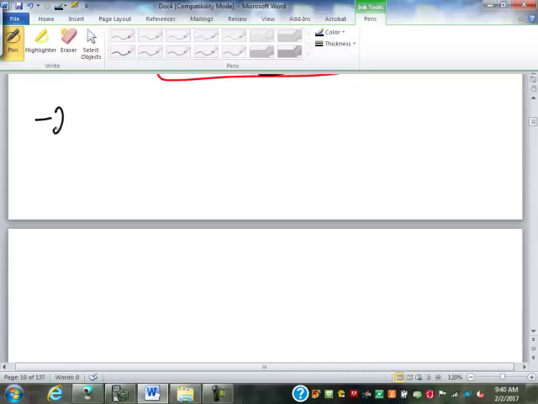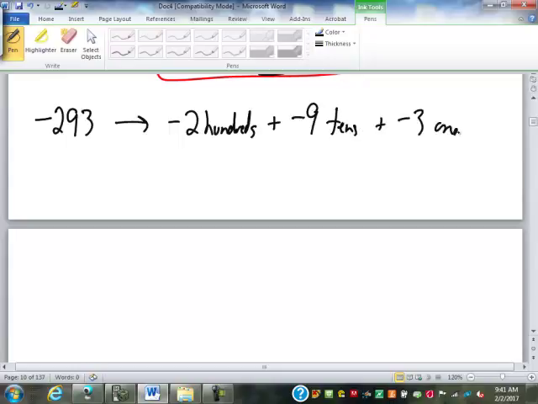If I have a negative 293, when I'm dealing with integers or whole numbers, either every digit is positive or every digit is negative. Negative 293, that is a negative 200s, and a negative 9 tens, and a negative 3 ones. Every digit of that has to be negative.